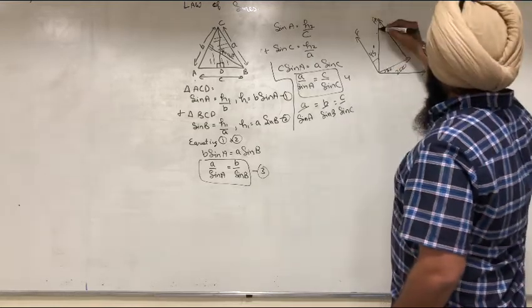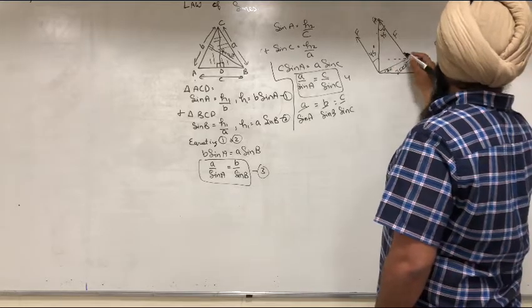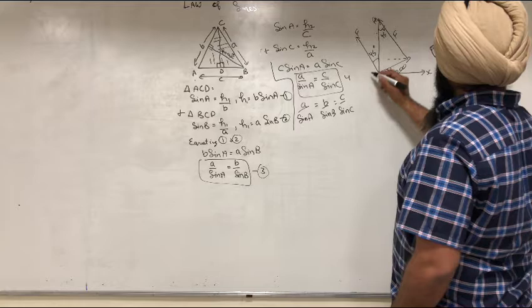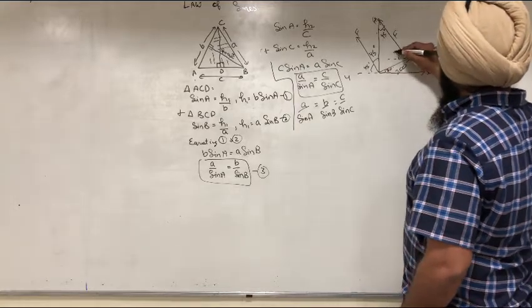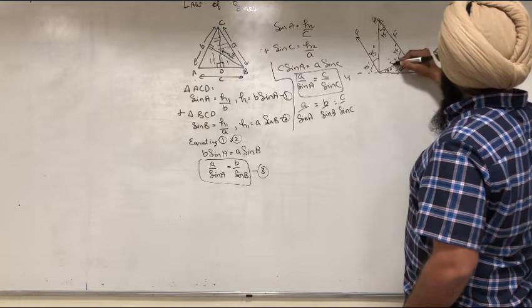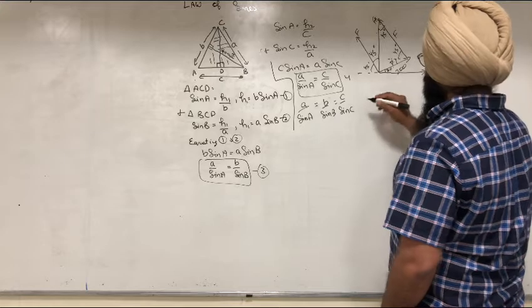Now this will also be 45 degree. Now if we draw a line like this, we know that this is also 45. So this will be 45 and this will be 30. So we have a triangle and we can use this law of sines.